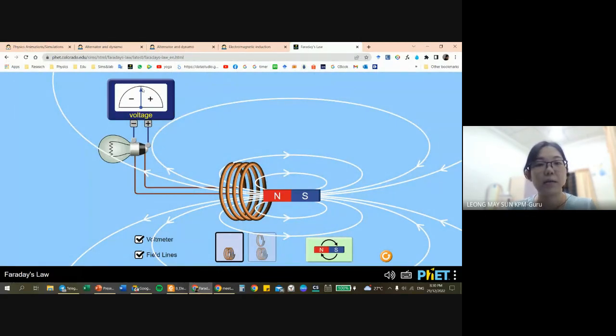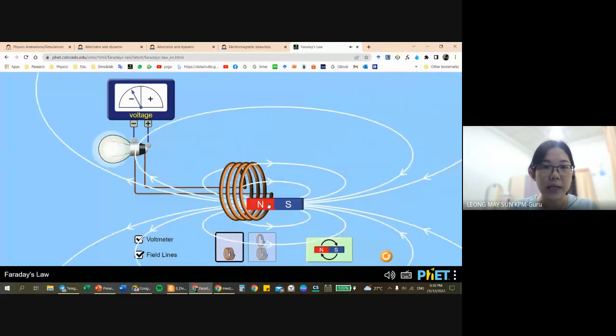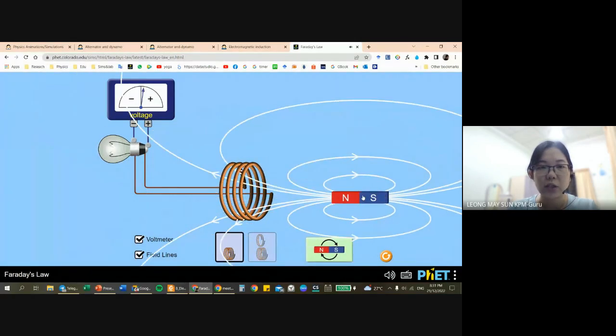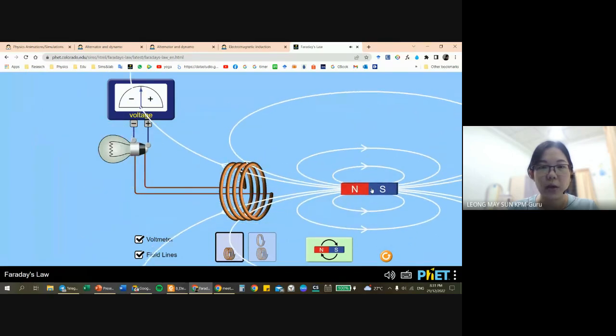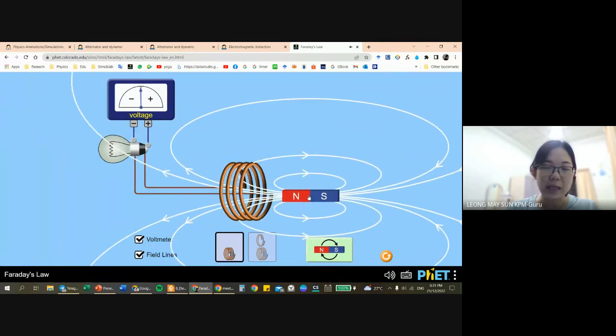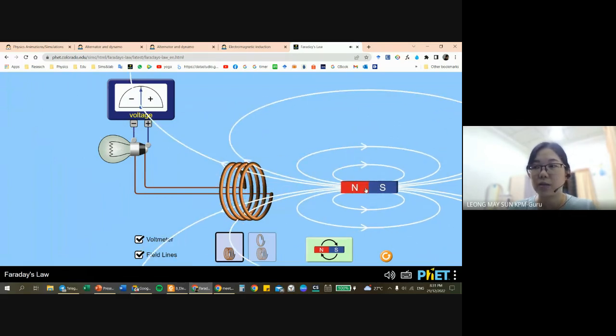Why? Because it's in the middle. Voltmeter normally is on the left. So when I move it away or bring it in closer, you would notice that it's deflecting either towards the left or towards the right. When I bring it in, it goes to the left. When I move it away, it deflects towards the right.